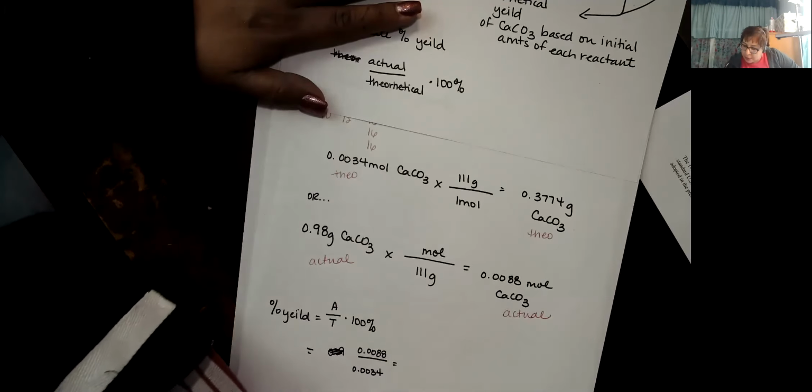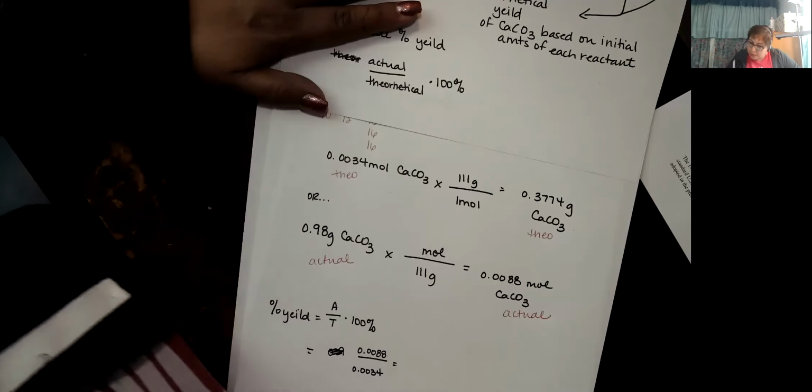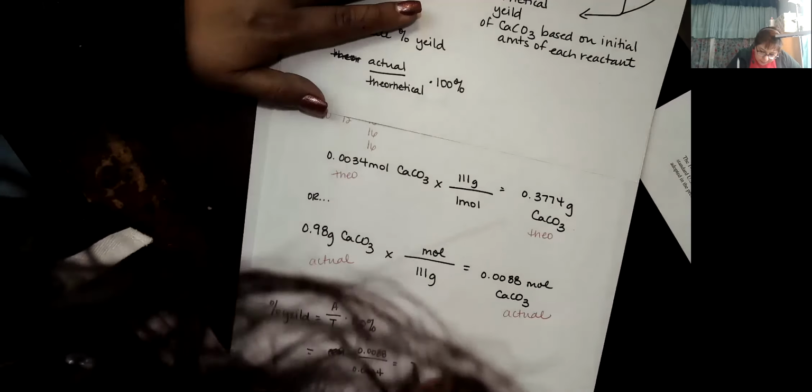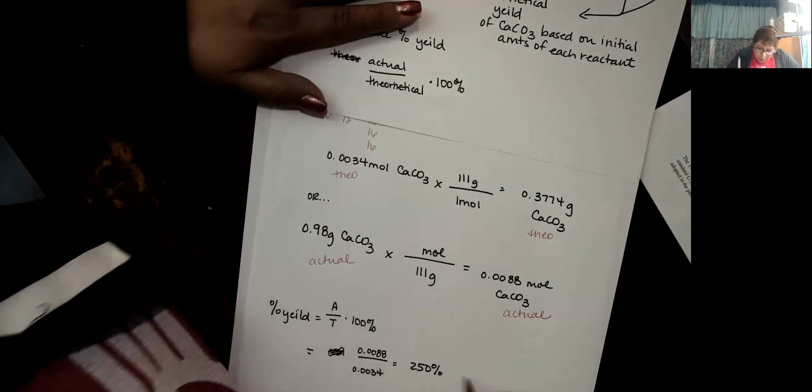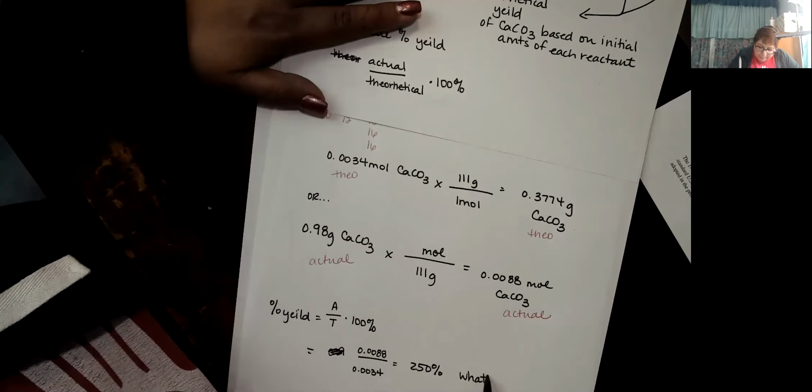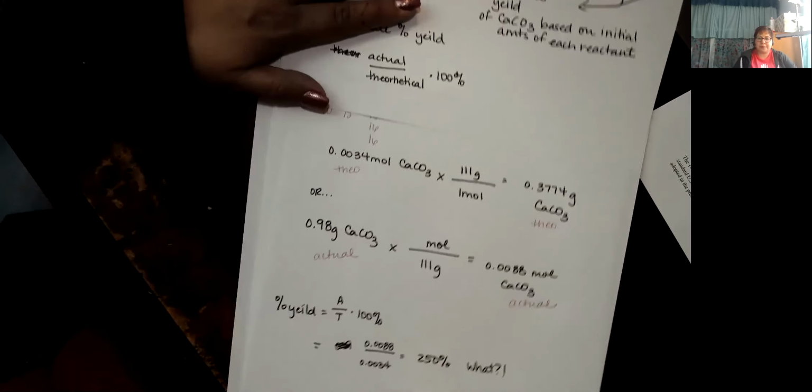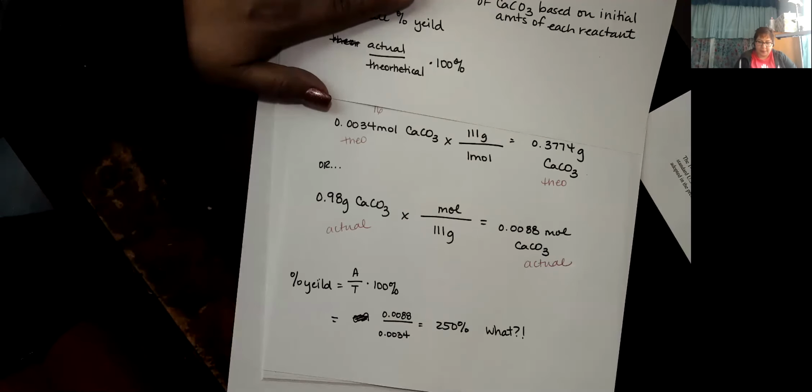How is that possible? That's like 250%. What? 250%. Or I can use the gram amount that's going to come out less.